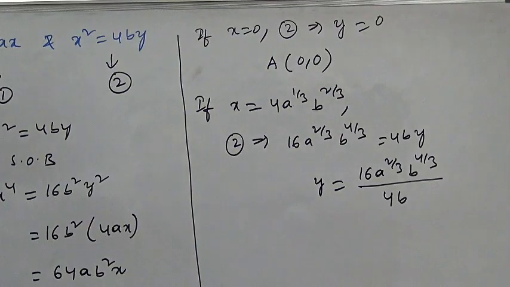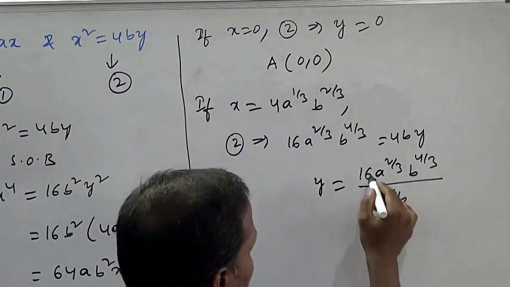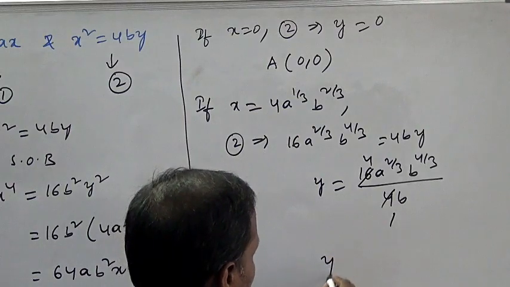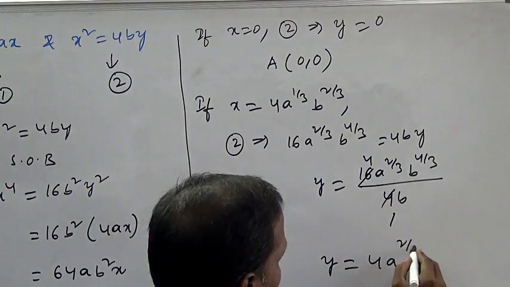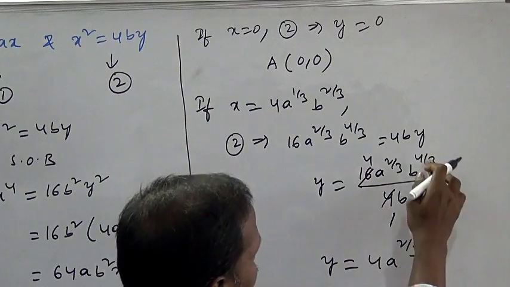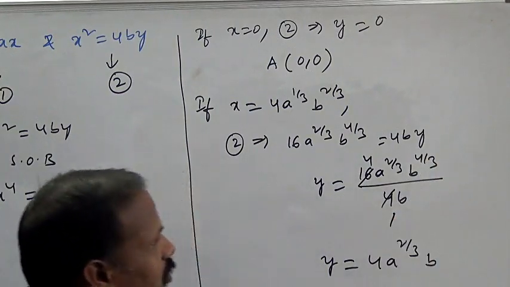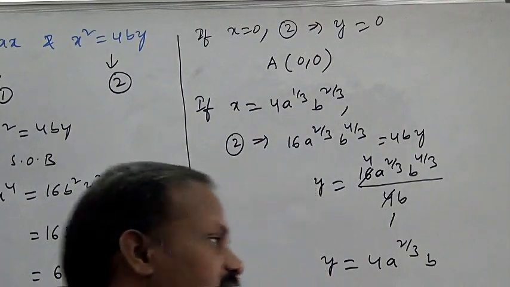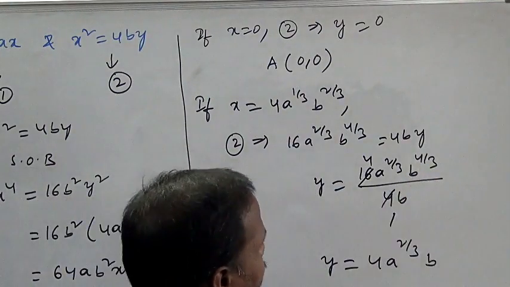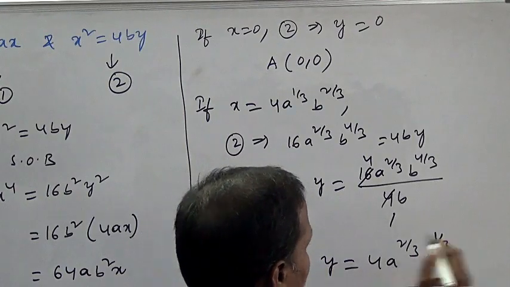Good. Now 4 into 1, 4 into 4. So y equal to 4 into a power 2 by 3, b power 4 by 3 minus 1. Using a power m by a power n equals a power m minus n, 4 by 3 minus 1 is 1 by 3.